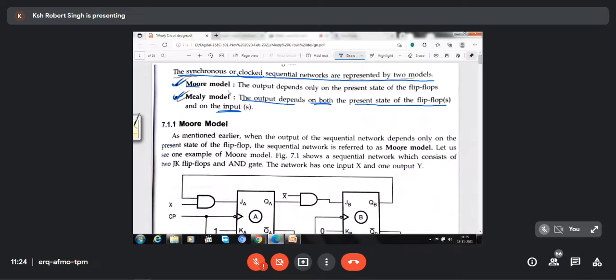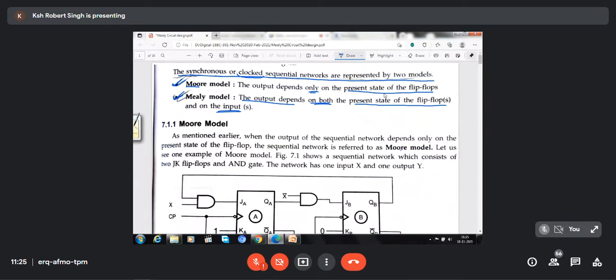Whereas in a Moore circuit, output depends only on the present state of the flip-flop. That means the output does not depend on the input. Rather, output depends on the state of the flip-flop, what the flip-flop is having now, what is QN in the flip-flop. It depends on that, not on the input. That is the difference between Mealy and Moore.